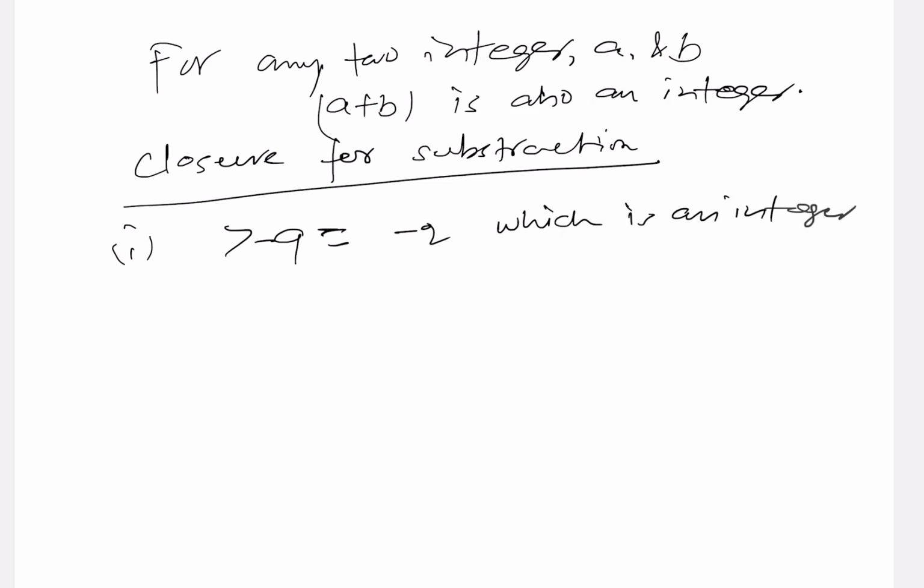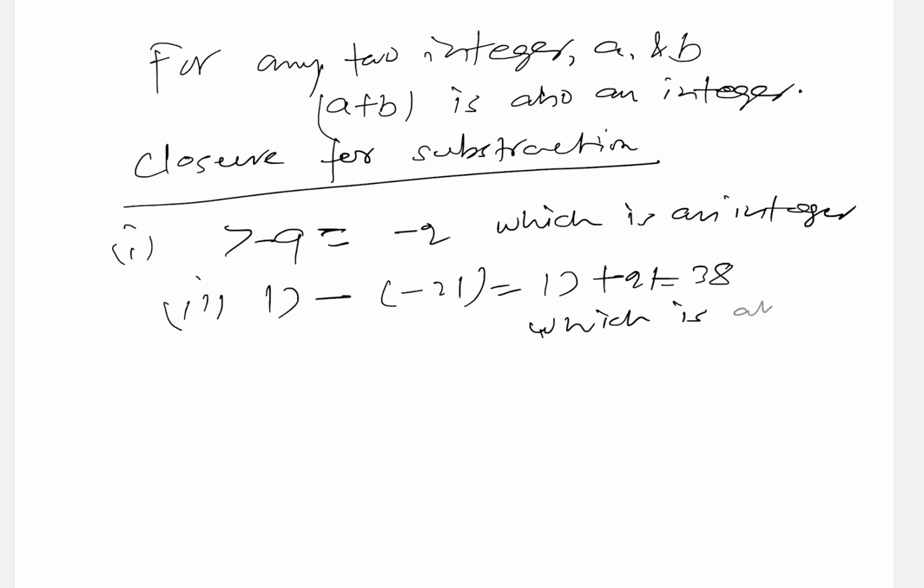Second is 17 minus 21, which is equal to 17 plus 21 is equal to 38, which is also an integer.